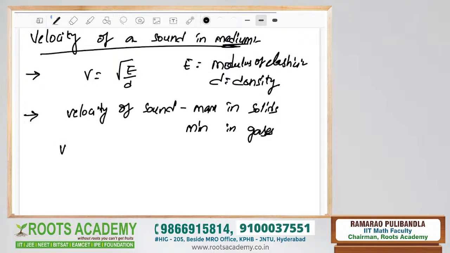So if we consider, for example, velocity in steel, velocity in water and velocity in air, obviously the velocity in steel, that is a solid, will have the highest velocity, and the minimum velocity would be that of air. So in gases the velocity of the sound would be minimum. And next, for the velocity of sound in gases, we have Newton's formula.